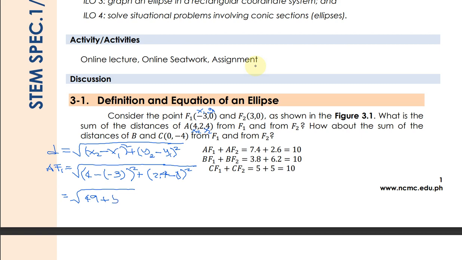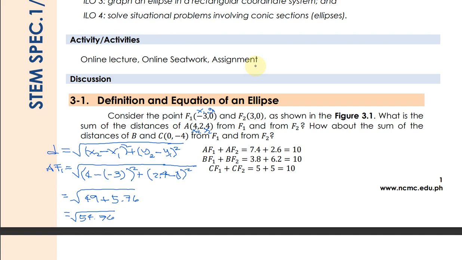Okay, so we write 5.76. So you add 5.76 and 49. So plus 49, that is equal to 54.76. Okay, so the square root ni 54.76.